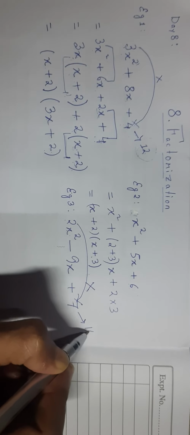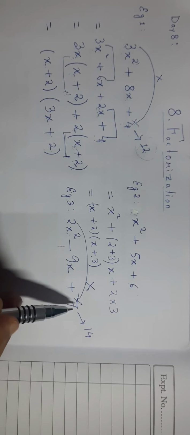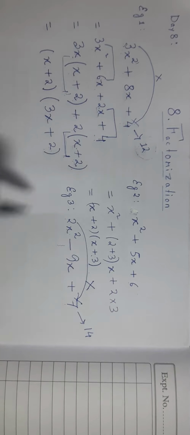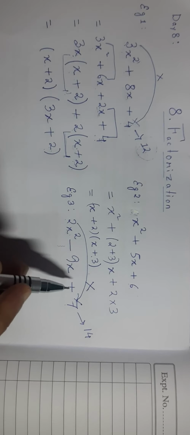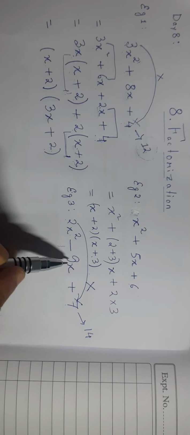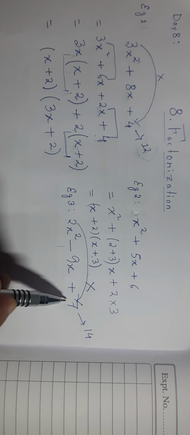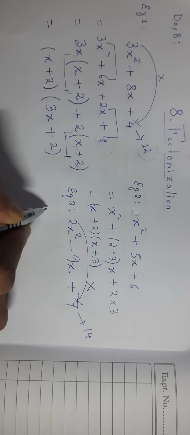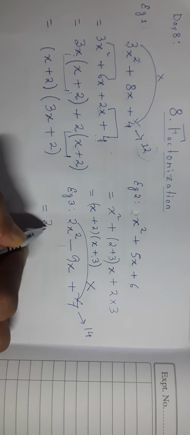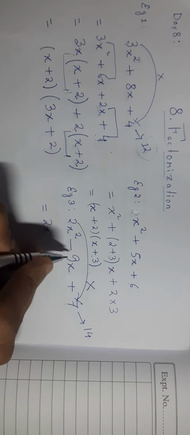So now I have to consider that my last term is 14, not 7. Now look for two numbers which if I add or subtract I'll get minus 9, and if I multiply, I should get plus 14. Those two numbers can be minus 7 and minus 2.